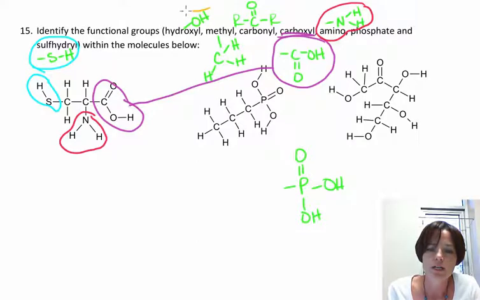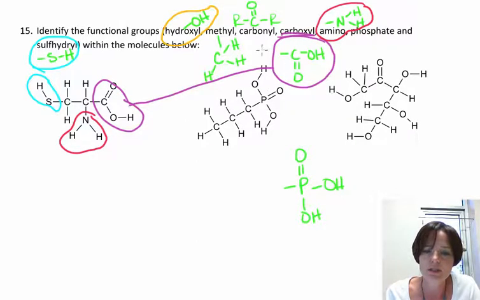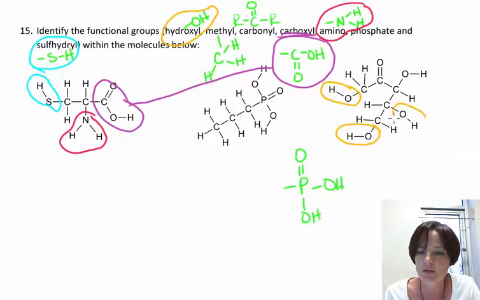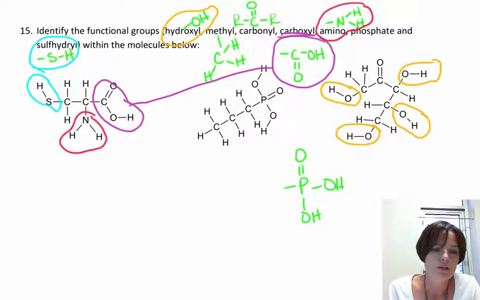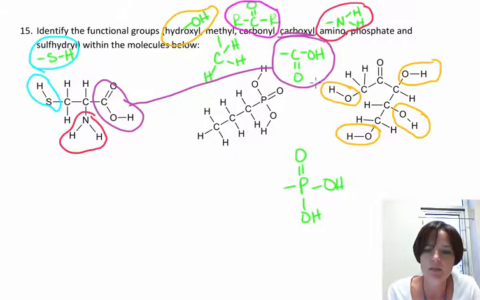And now we'll do hydroxyls. Hydroxyl groups, this is part of the phosphate, so I'm not going to put that one. This would be a hydroxyl. This will be a hydroxyl, and we have one here, and then also right here. We actually have lots of hydroxyl groups. If we look for the carbonyl, okay, so carbonyl is like this.